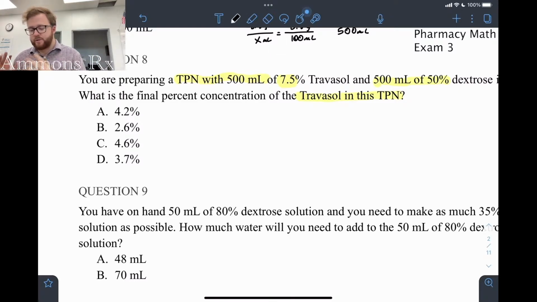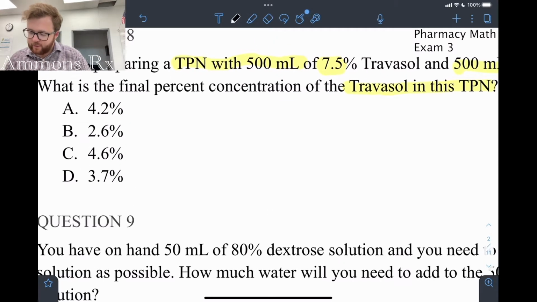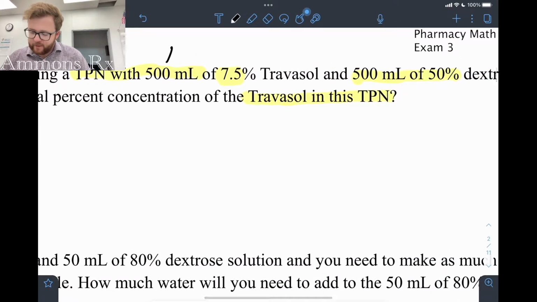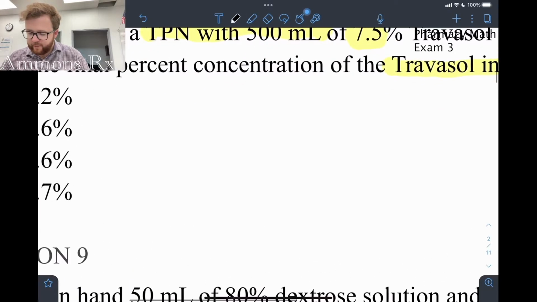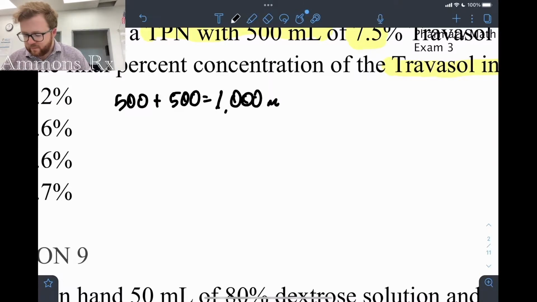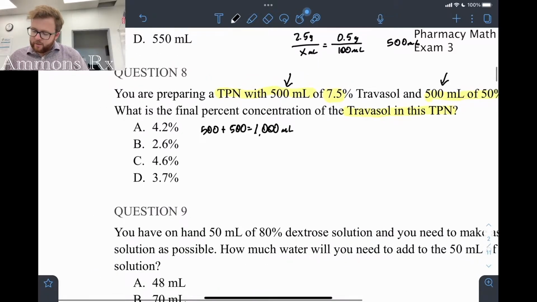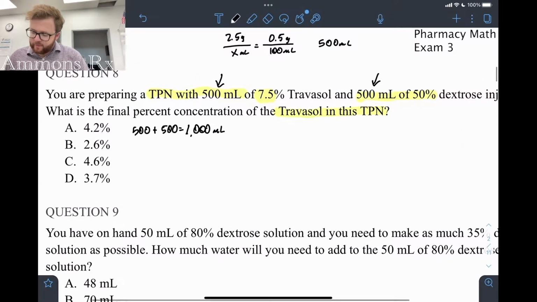What percentage does the Travasol contribute? So the total volume is going to be this plus this. Those are our only ingredients. So what's 500 plus 500? It's equal to 1,000 mils. Okay, so let's look at the Travasol component. 500 mils of 7.5.